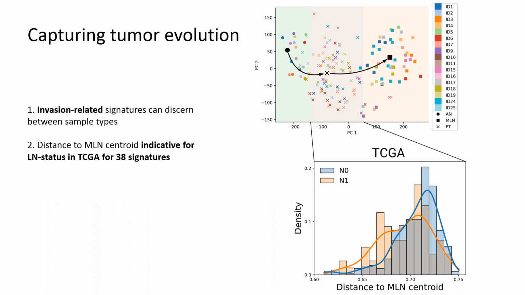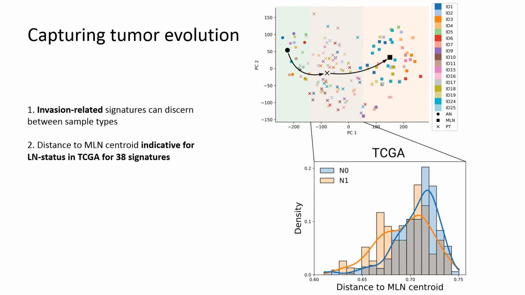Of course, if we're really looking at tumor evolution in this slide, we need to make sure that the crosses that are closer to the lymph nodes actually are, in some sense, more metastatic than the other primary samples shown in this plot. And to do so, we turn to TCGA, where we also have patients that have no lymph node metastasis.